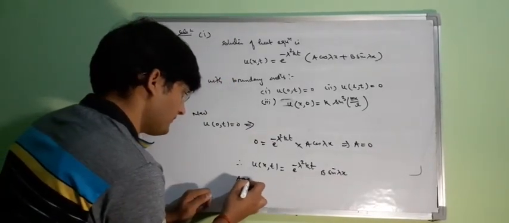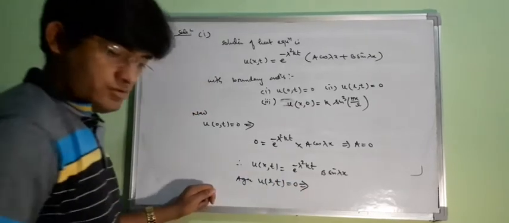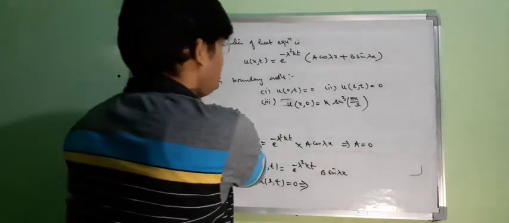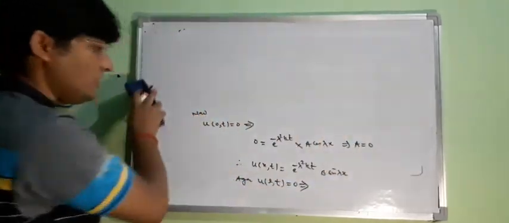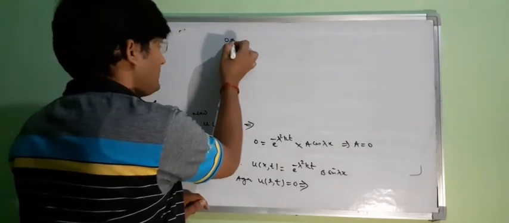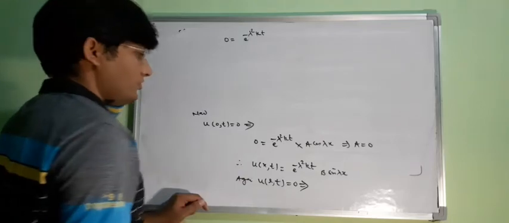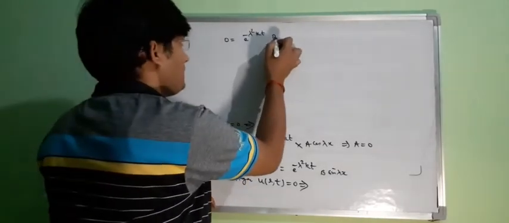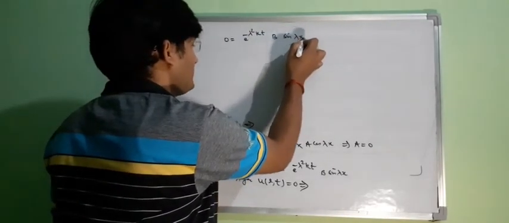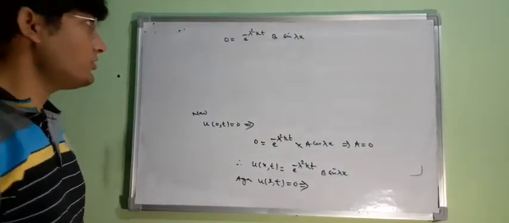Again u(L,t) equal to 0. So from here, now if x is L, then the left hand side is 0. So we will have e to power minus lambda square kt, with a being 0, b into sin lambda L. Now here you consider b cannot be 0, otherwise the whole solution will be 0.